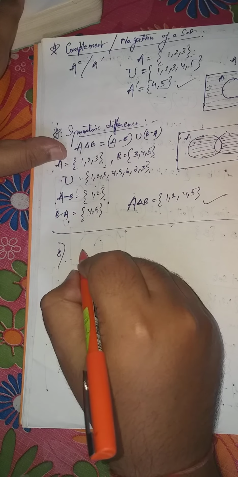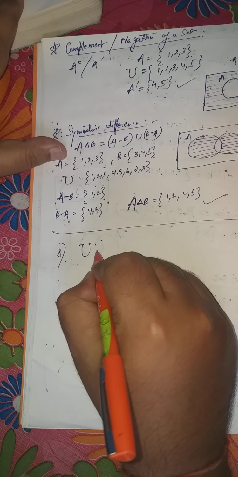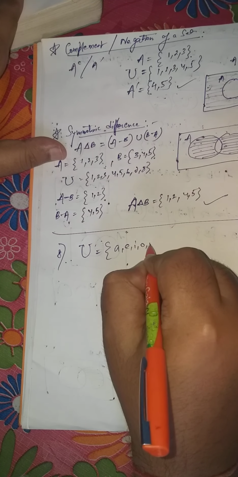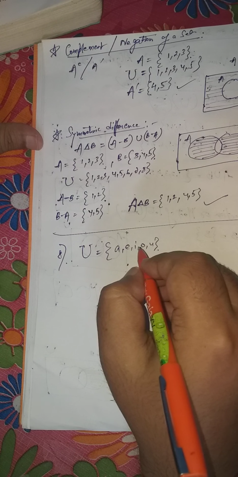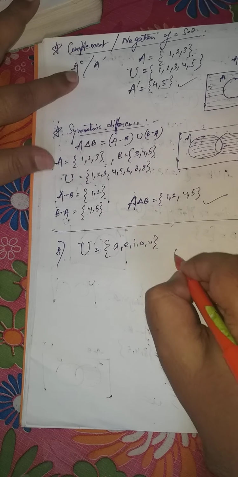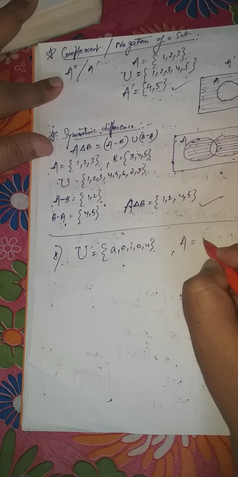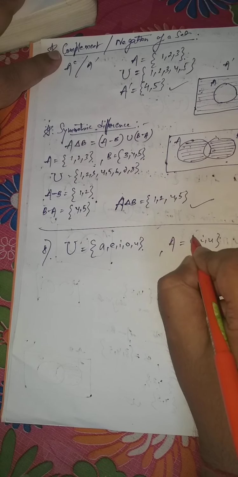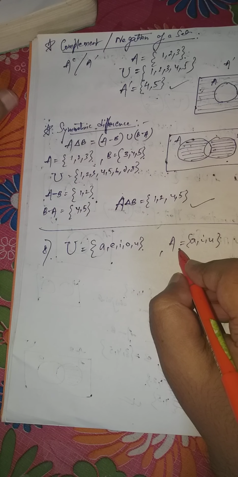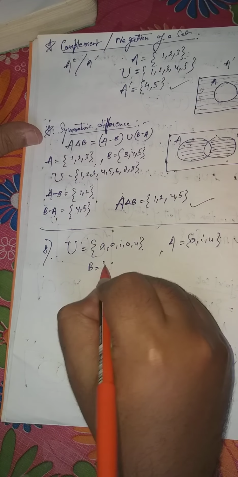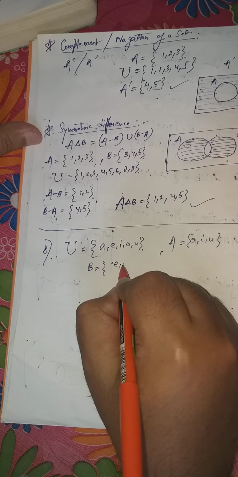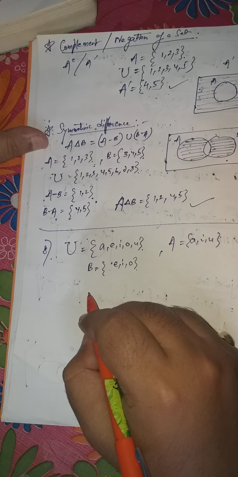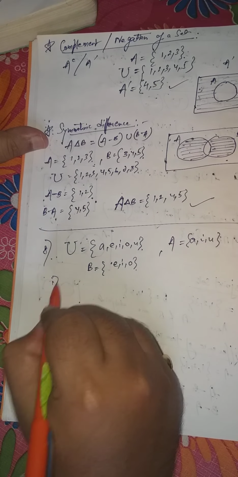Consider this set to be the universal set consisting of elements A, E, I, O, U. If U is the universal set, and set A is defined as A, I, U, and B is defined as E, I, O. Then first what you have to do?